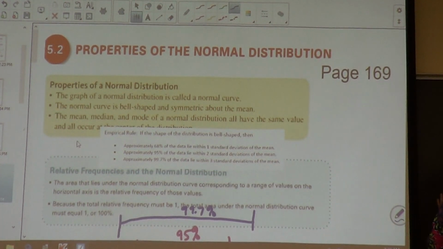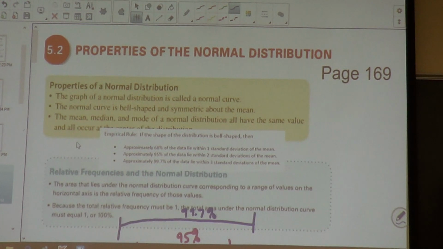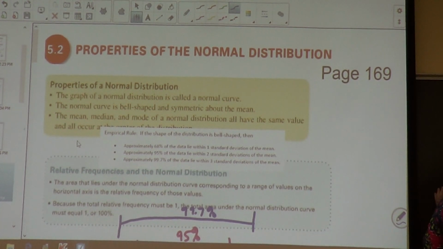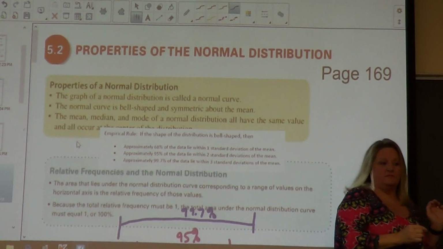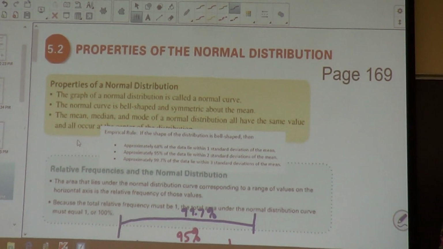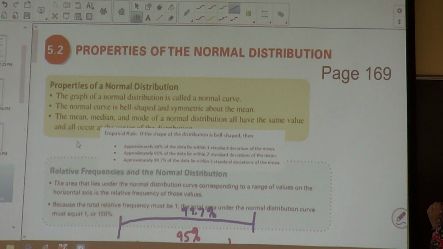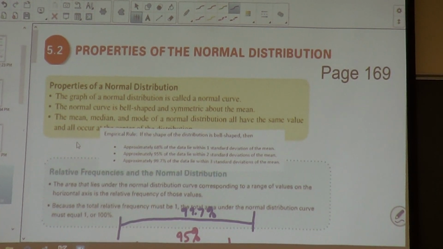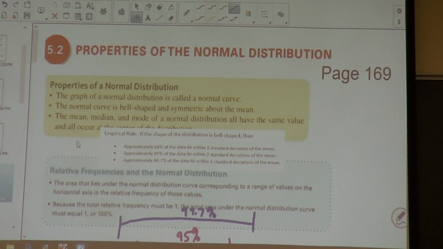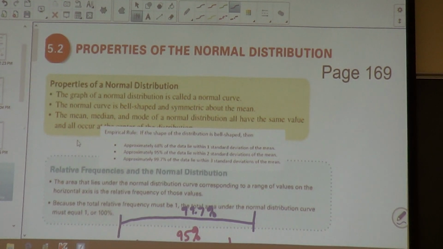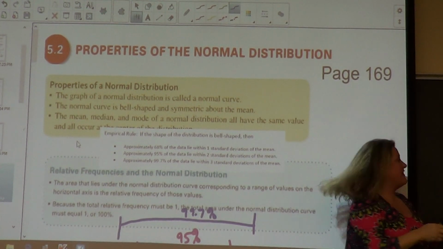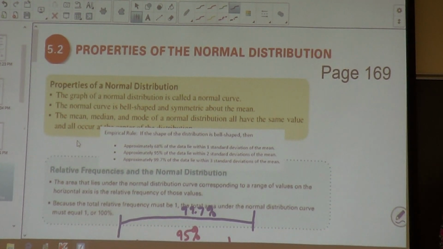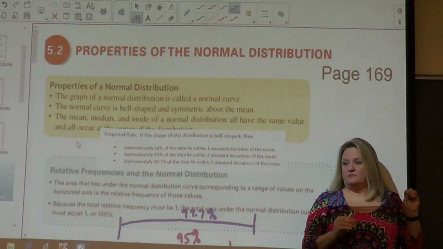If we jump two deviations in either direction, that represents 95% of the people. If we jump three deviations in either direction, that represents 99.7% of the people. And the whole curve is 100% of the people.